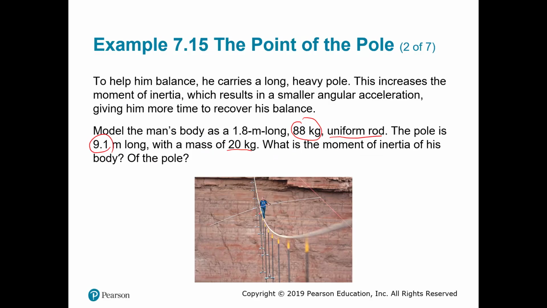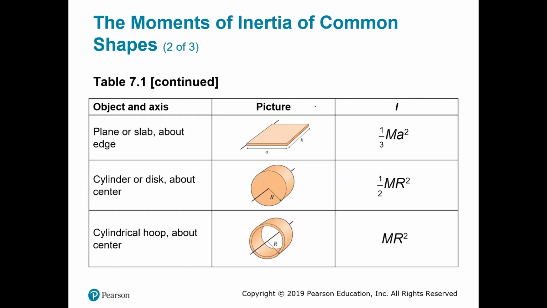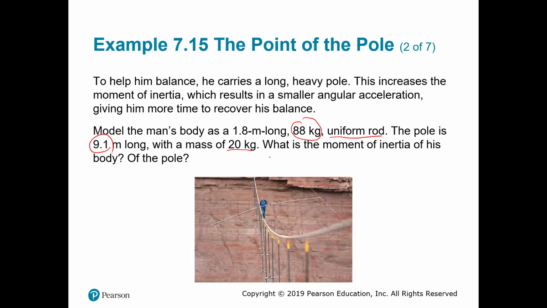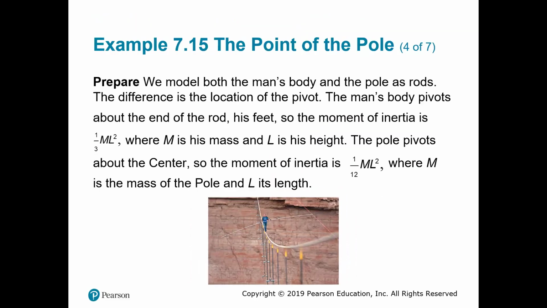For the moment of inertia of his body, we can treat it as a uniform rod about the end of the axis. So the moment of inertia is 1/3 m L squared, where m is his mass and L is his height.